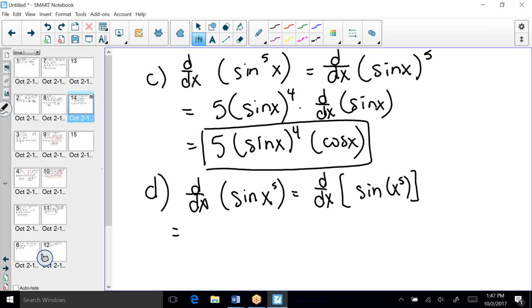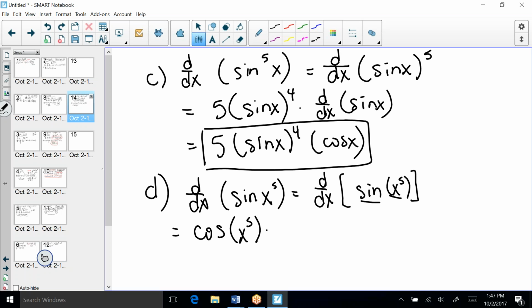This problem has an inside function, which is x to the fifth power, and an outside function, which is sine. Using what we know from before with our chain rule, the derivative of the outside is the cosine, and we're taking the cosine of the inside, so it's going to be the cosine of x to the fifth power.